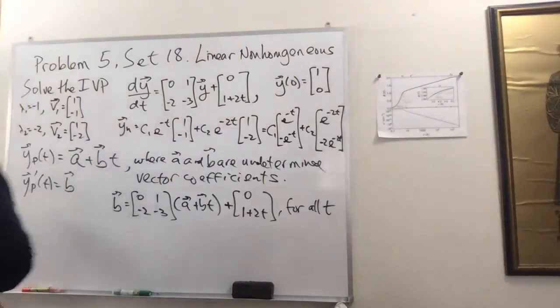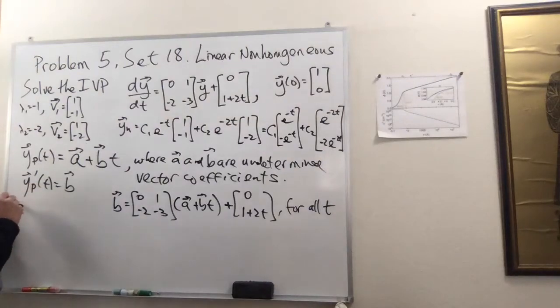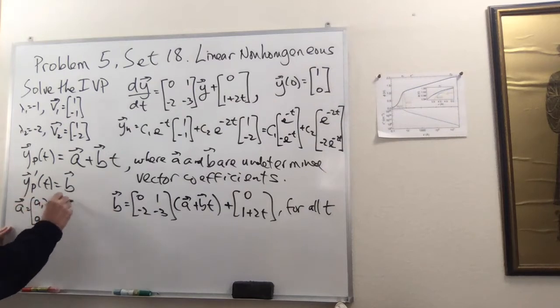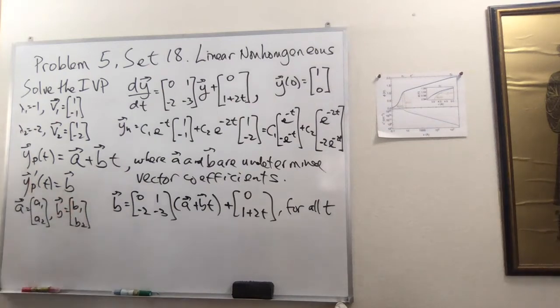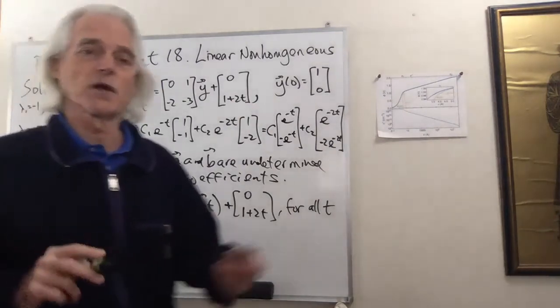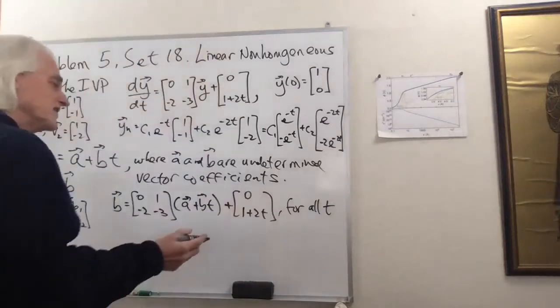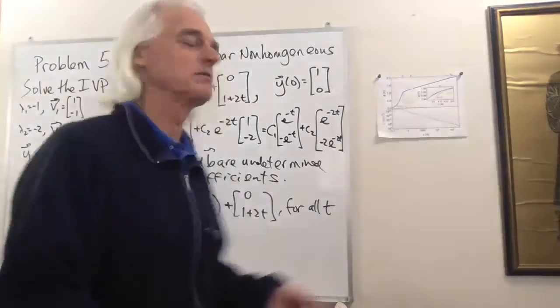So I think we should probably put in some coefficients here. Let's let A be (A1, A2), and similarly B be (B1, B2). So let's write this thing out here. I mean, this is kind of a slog, but it's doable.